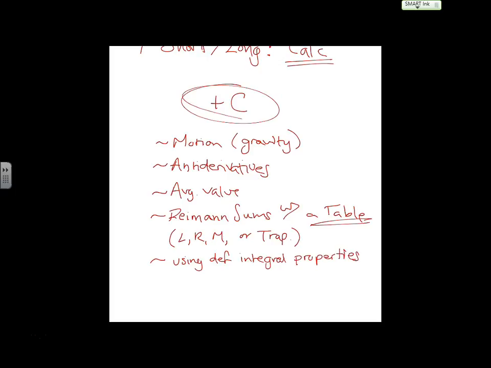If they give you something like the integral from 0 to 4 of f of x, and they don't tell you what it is, equals 4, and the integral from 0 to 4 of g of x equals negative 1. Remember these from homework? You had to find a, b, c, and d, like the integral from 0 to 4 of 2f of x minus g of x. Remember those ones? That might be a long answer.